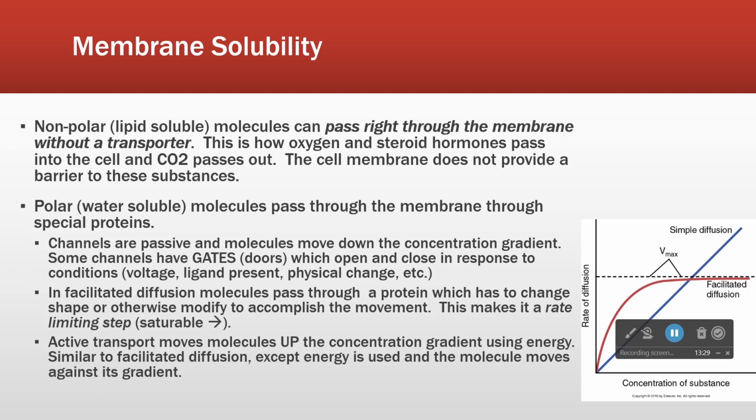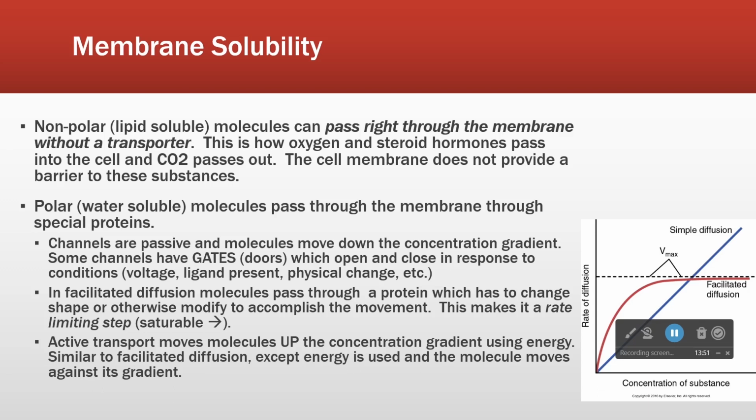Okay, so what's a facilitated diffusion molecule? It's like a complicated channel, right? A channel allows very much free flow of a molecule when it's open. A facilitated diffusion molecule has to actually change its shape in order to allow the substance through.